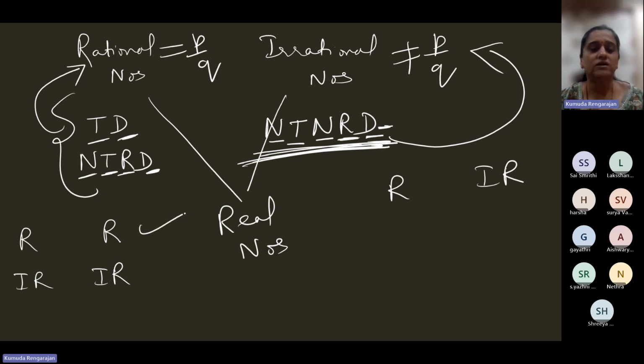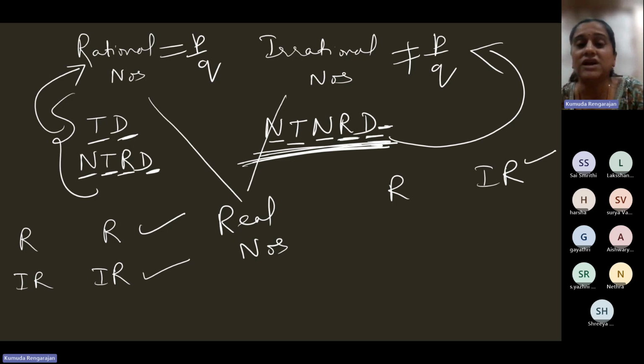When you take two rational numbers, between them, there are infinitely many rational numbers as well as irrational numbers lying. When you take two irrational numbers, between them there are infinitely many rationals and infinitely many irrationals.